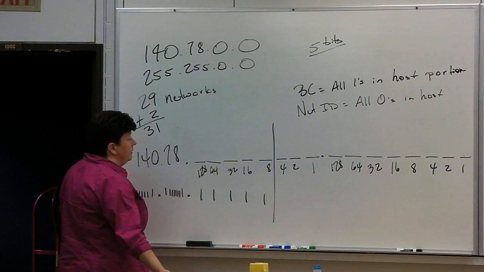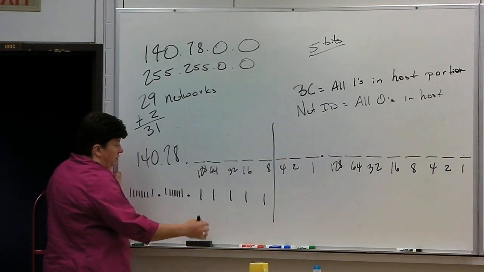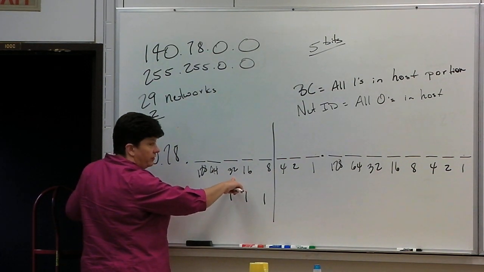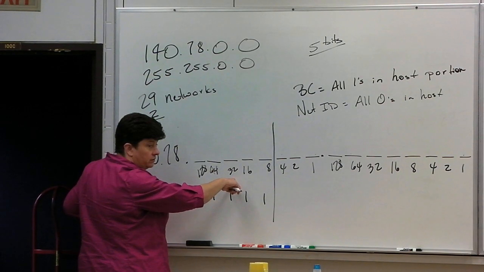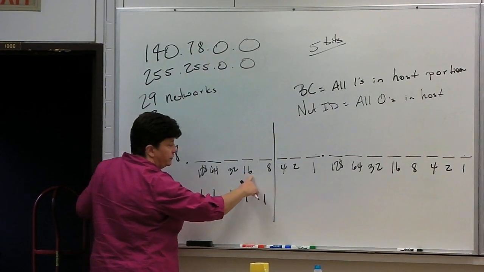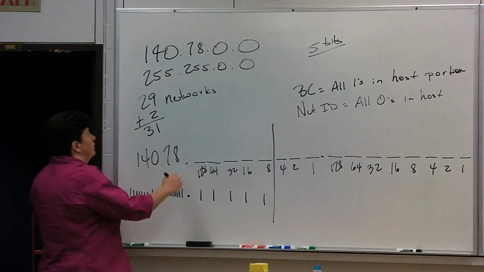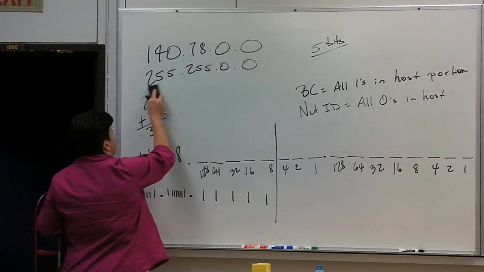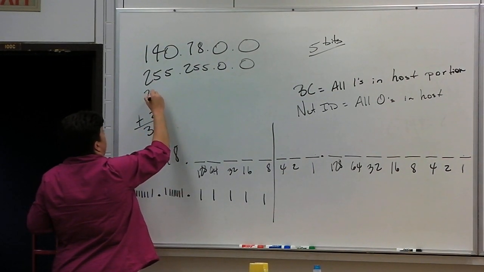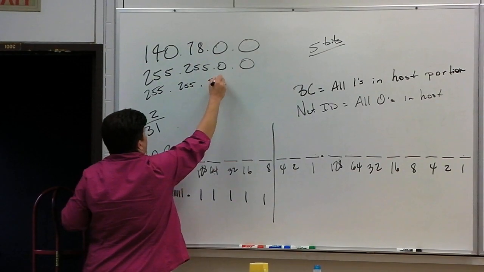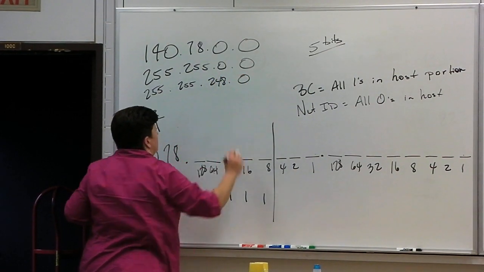So now all I have to do is add it up. 128 plus 64 is 192, plus 32, 224, 240, 248. My new subnet mask is 255.255.248.